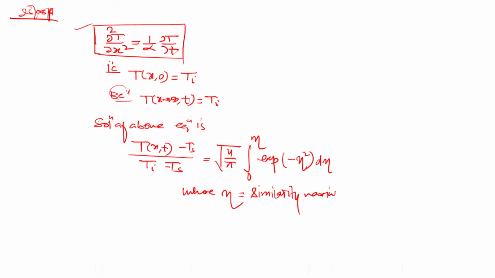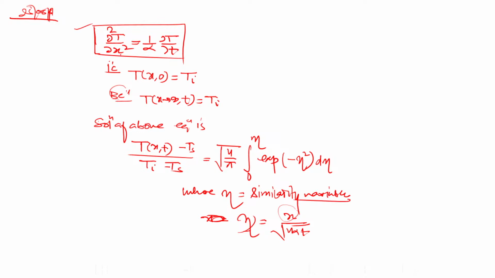and this variable we use to change the partial differential equation into an ordinary differential equation. It is defined as eta equal to x upon under root 4 alpha t, where alpha is thermal diffusivity. You can see the two variables have been accounted into one variable.